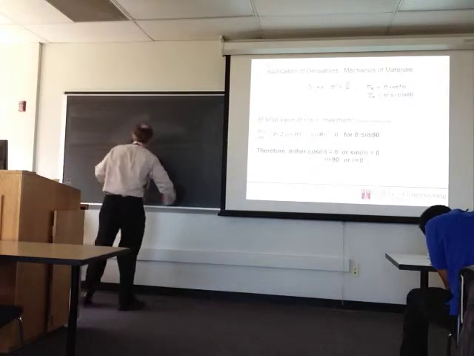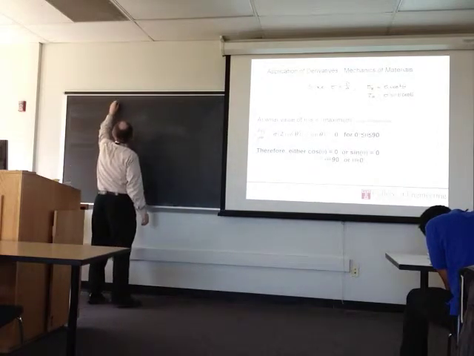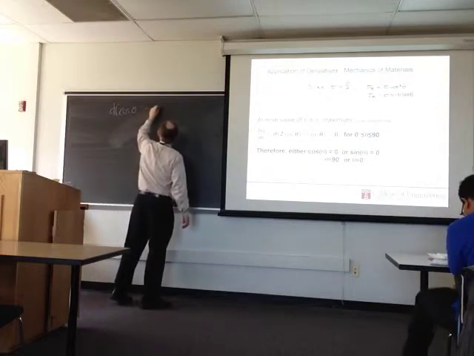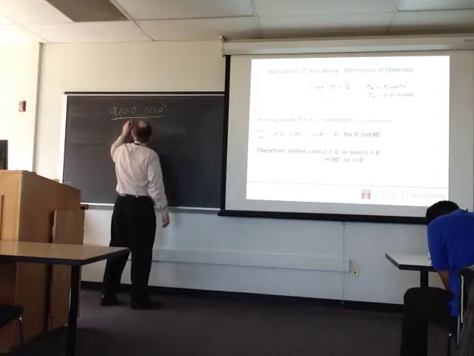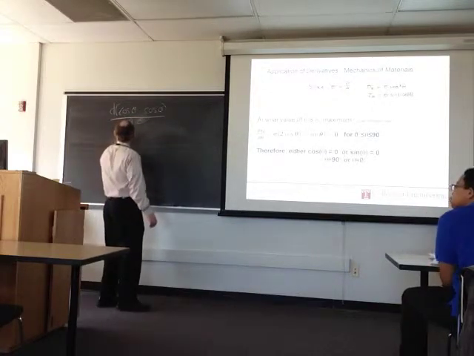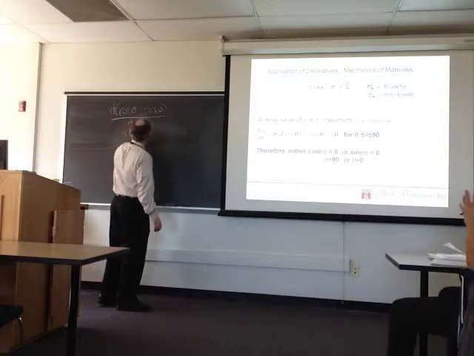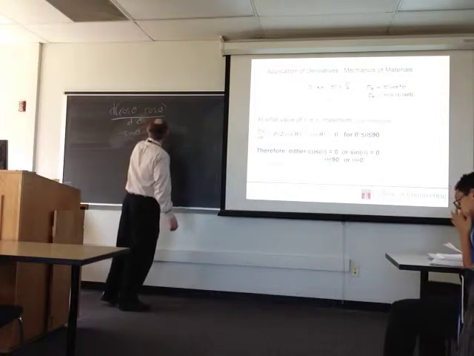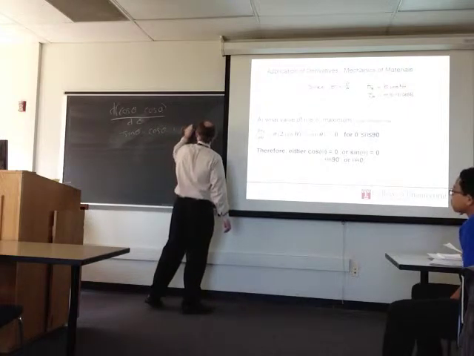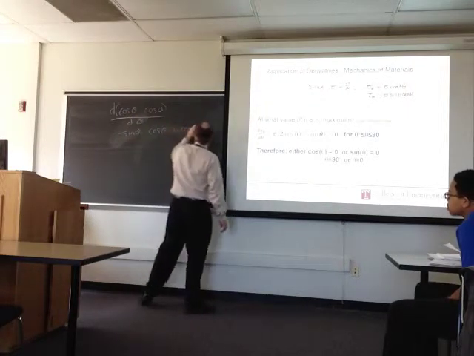Let's write this out. The derivative of the first is minus sine, and we're going to multiply that times the cosine, plus the second times the derivative of the first, which is minus sine.